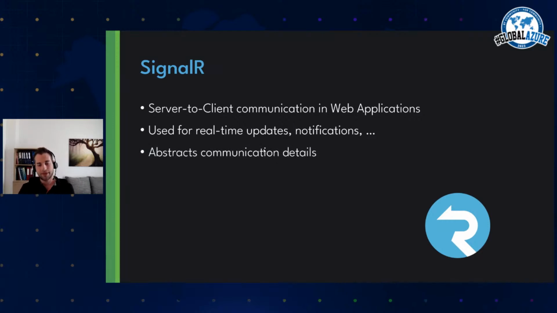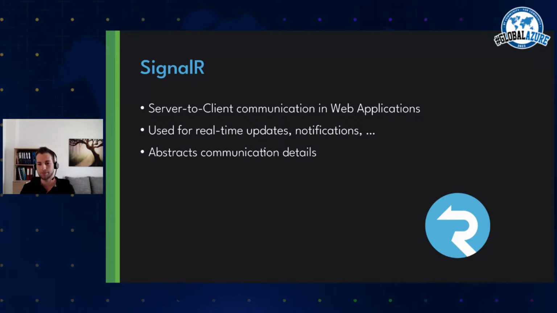The nice thing about SignalR is that it abstracts away the communication details. There are different techniques you can use for implementing this server-to-client communication. Best case is you can use WebSockets. Nowadays it should be available in most browsers that you encounter in the wild. But some years ago, that wasn't the case, and so there were some fallback technologies.